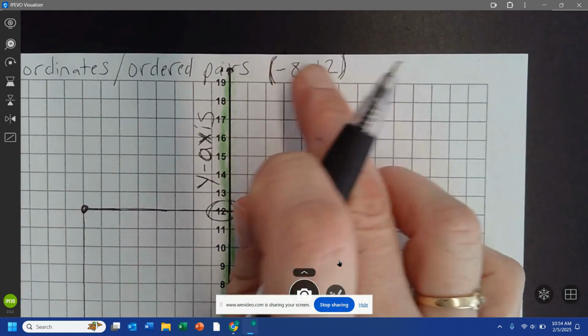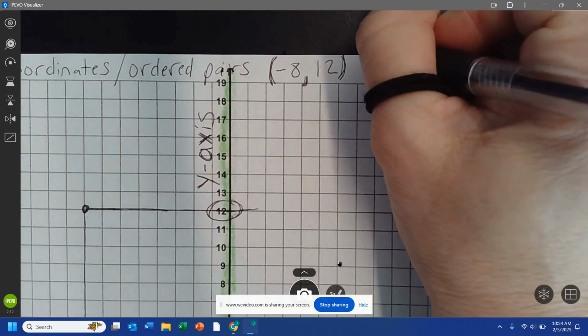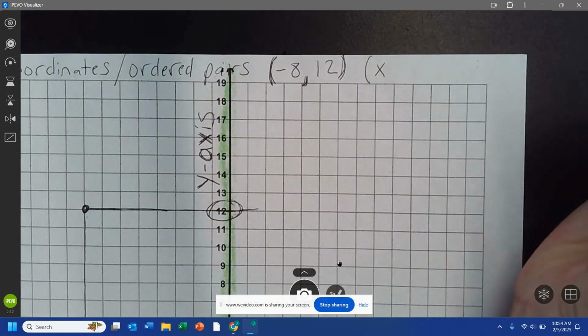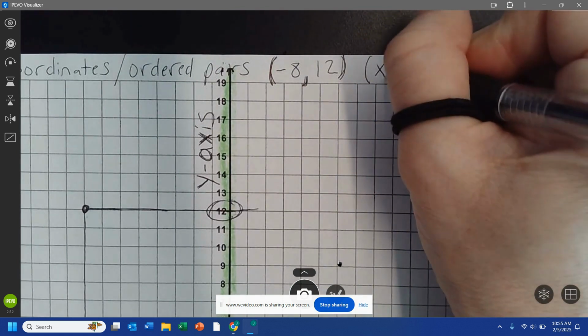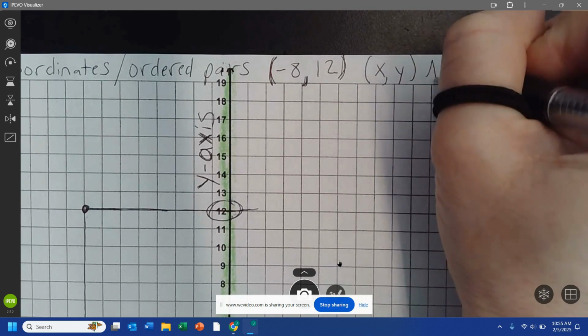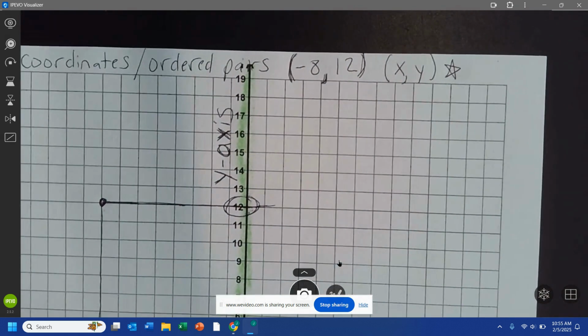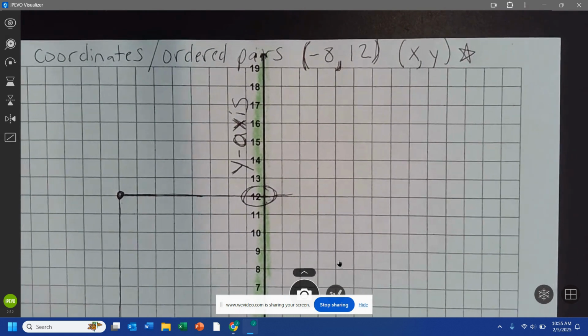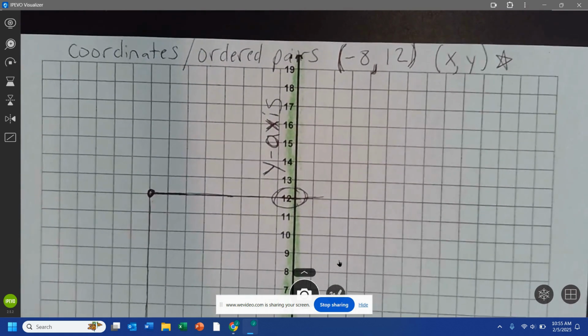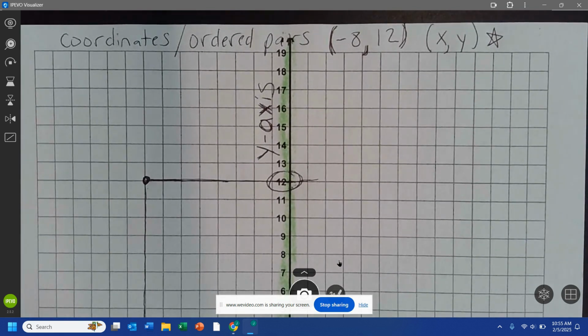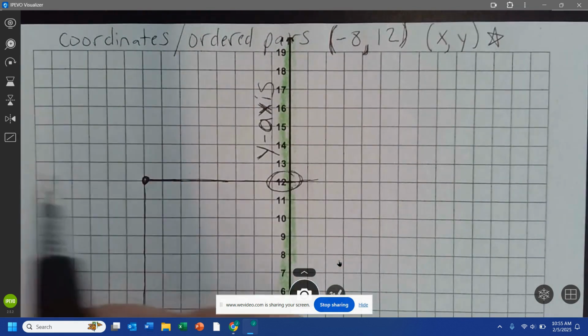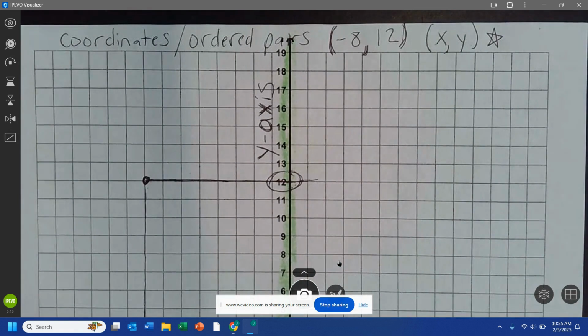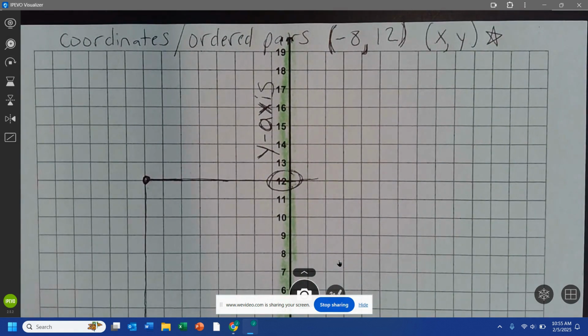And the order that I write them is always the number that's on the x-axis first and the number that's on the y-axis second. You have to memorize that. You're going to be doing it so often that I think it'll be easy to memorize. But even in 8th grade, your whole 8th grade math year is based on this coordinate plane and based on you memorizing that x comes first and y comes second.